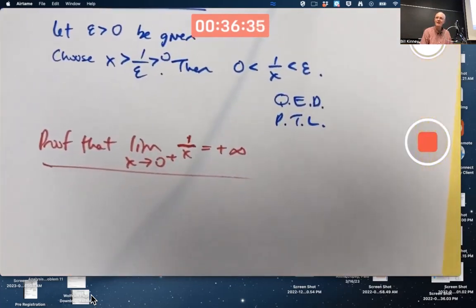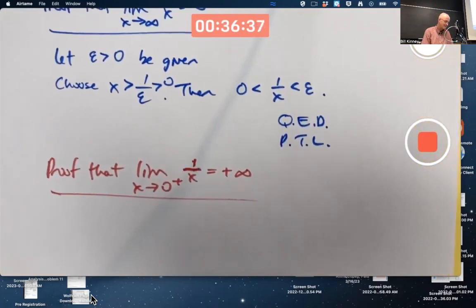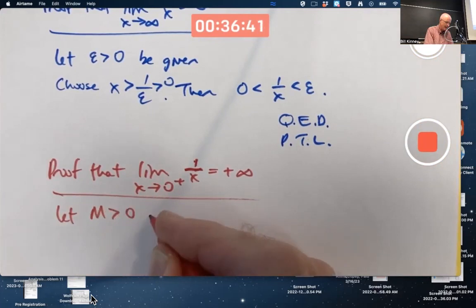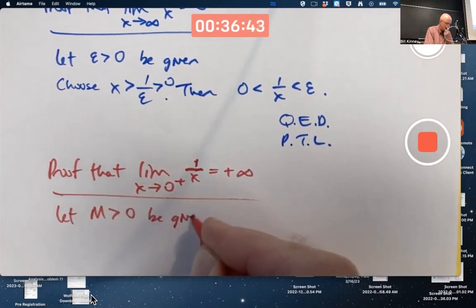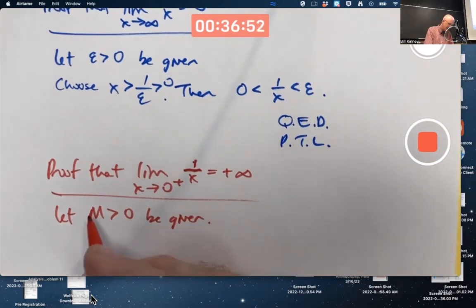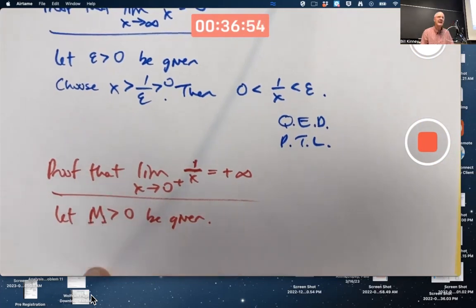What do you do here? Let capital M greater than 0 be given. Epsilon's kind of a standard symbol in math for an arbitrarily small number. Capital M, maybe I'll emphasize it's capital, is kind of a standard symbol in math for an arbitrarily large number.